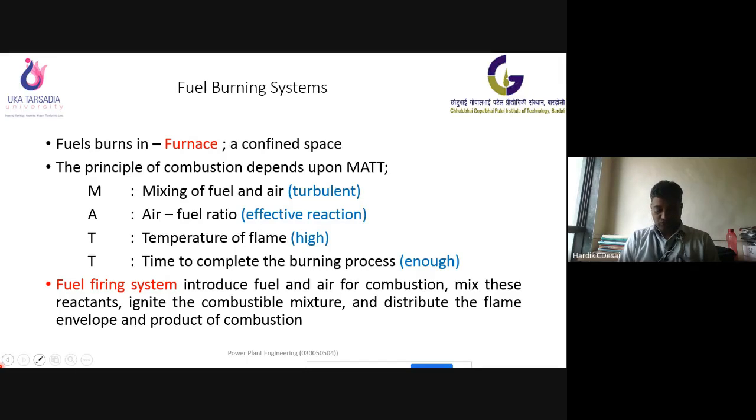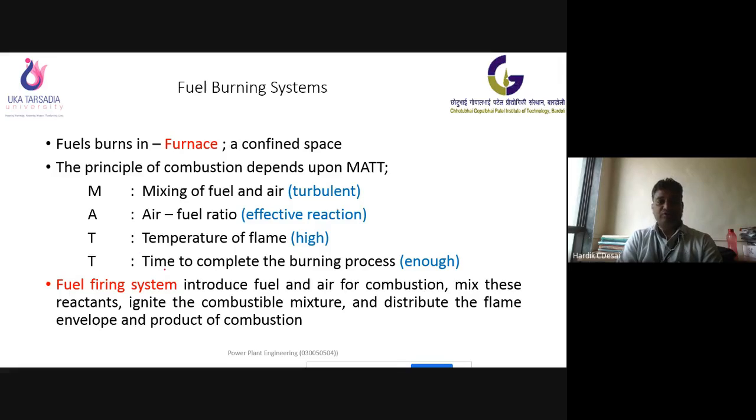We need to have the perfect proportion of air and fuel to have the effective reaction between these two and an efficient combustion process. The third one is the temperature. We must ensure the temperature of the flame is high enough to have better heat transfer between these gases and the water, the surface of the boiler.